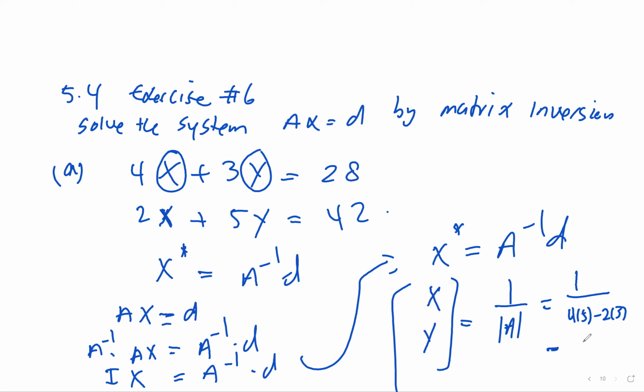And therefore that is equal to 1 over 14. So the determinant is 14, and we use 1 over 14.